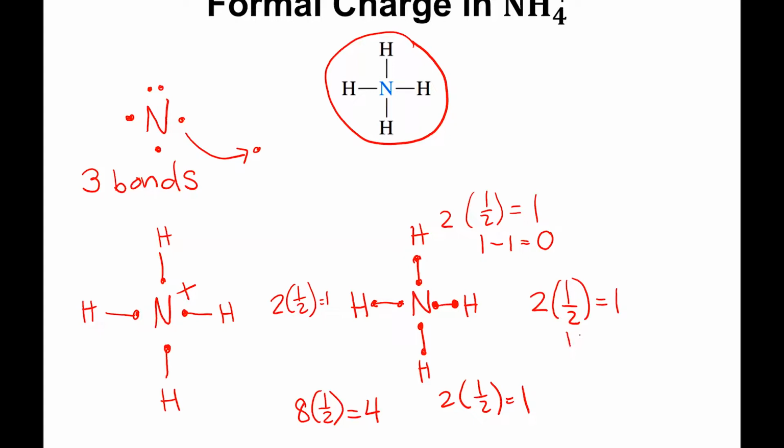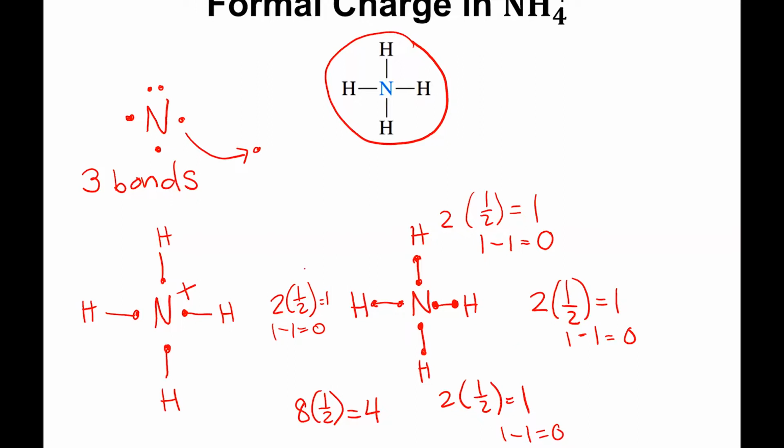All these other hydrogens, it's the same case, 1 minus 1. Okay. So you can see these all have a 0 formal charge. They don't have a charge on them.